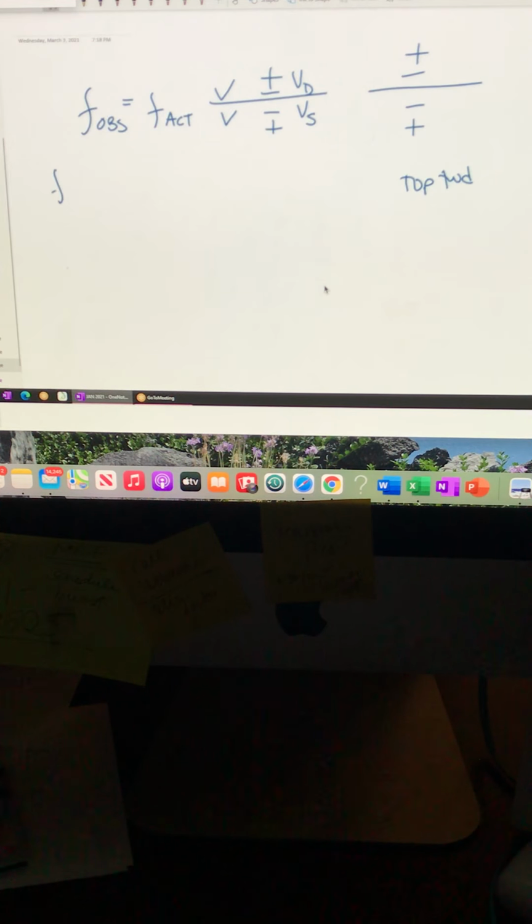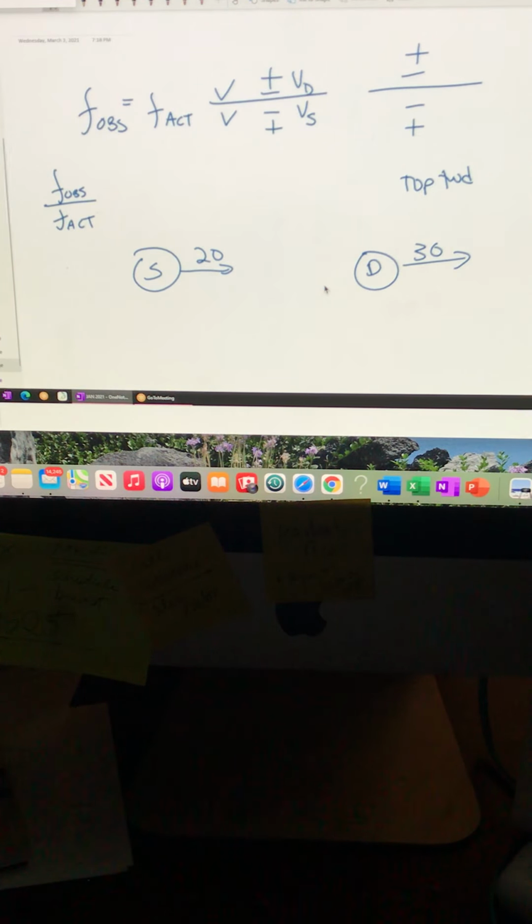I'm going to ask you to calculate the frequency observed over the frequency actual in the following scenario. I've got a source traveling at 20, and a detector running away traveling at 30. What is your relative velocity?